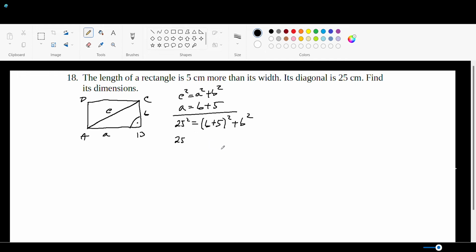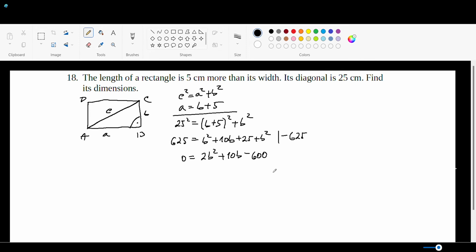Let me do one step. 625 equals b squared plus 10b plus 25 plus b squared. We simplify, and I take away 625, so 0 is equal to 2 times b squared plus 10b, not plus but minus 600.